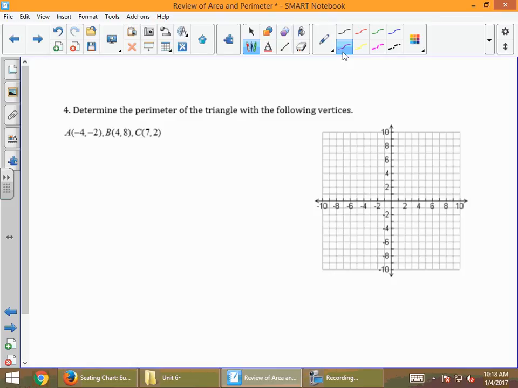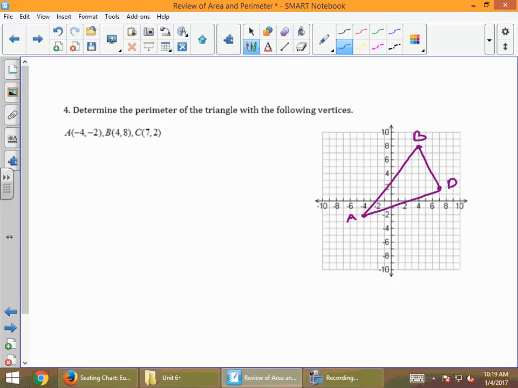Plot them. We have negative 4, negative 2, 4, 8, and 7, 2. I have this triangle. In order to find the perimeter, we have to add the distances of all three sides.